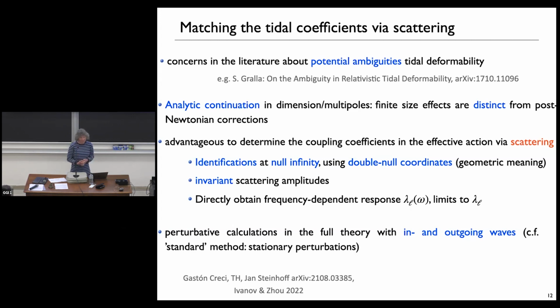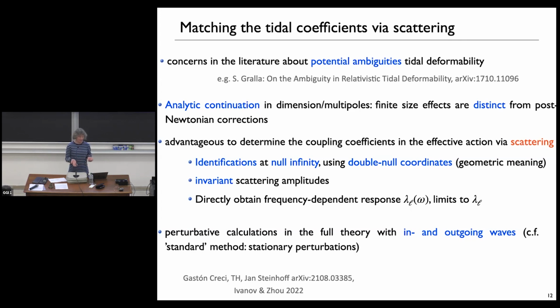It's just in 4 space-time dimensions there happens to be some degeneracy. And then based on this, we can say, well, if we try to match from the orbital scale to the scale of the objects, that's still kind of a nonlinear regime, and we're potentially impacted by some nonlinearities or coordinate choices.